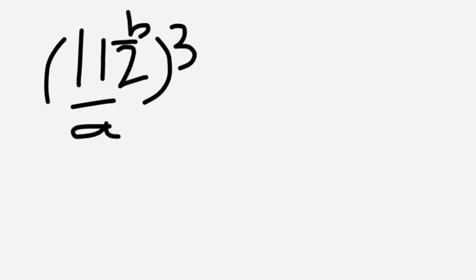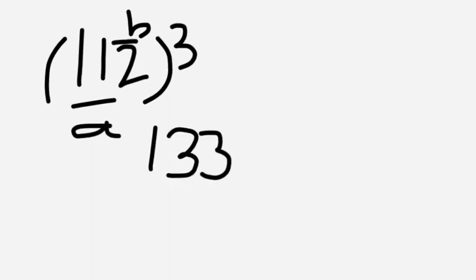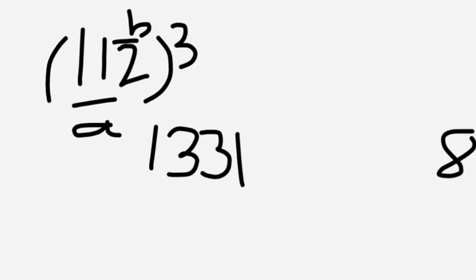Now 3-digit cubing. So let me take an example, 112 cube. So just treat 11 as A and 2 as B, so the process remains the same. So 11 cube we discussed now, 1331, and 2 cube would be 8, okay. So 11 square into 2, 11 square, 121 into 2, 242.